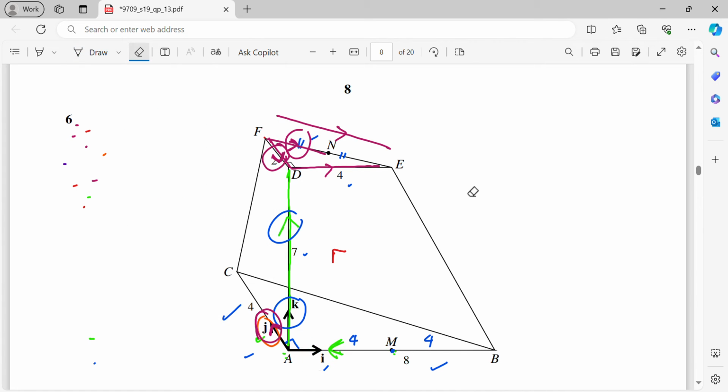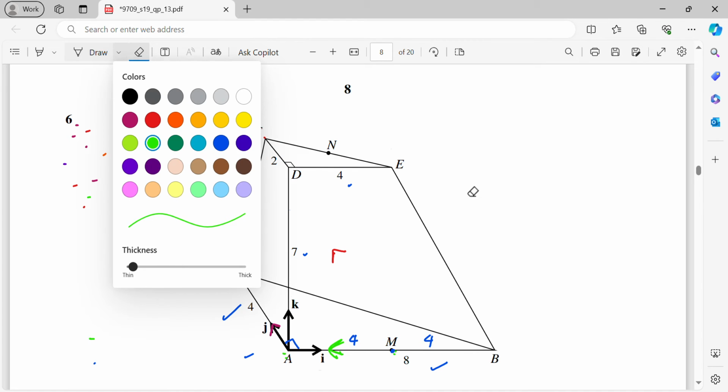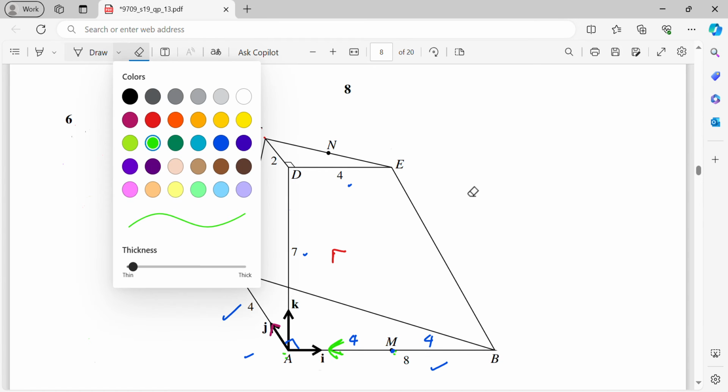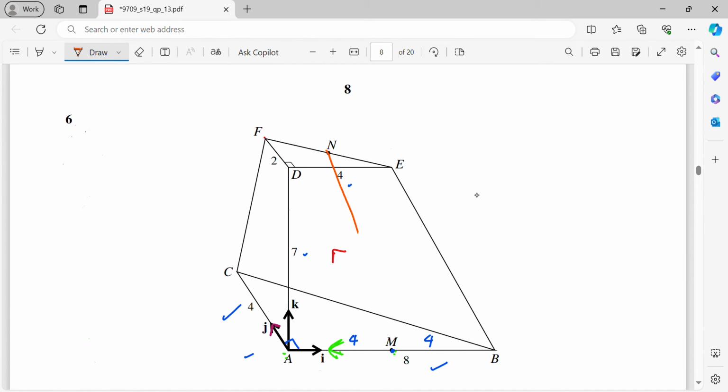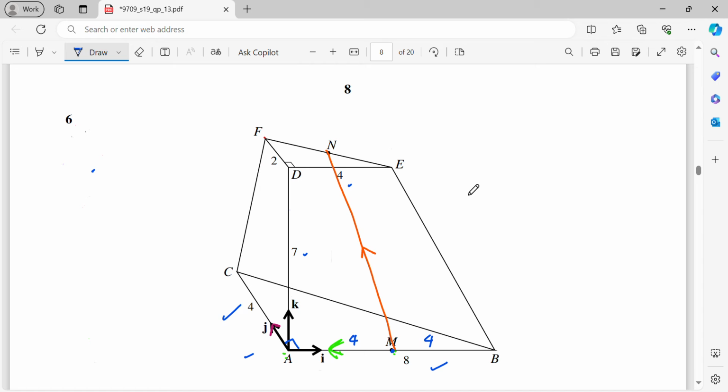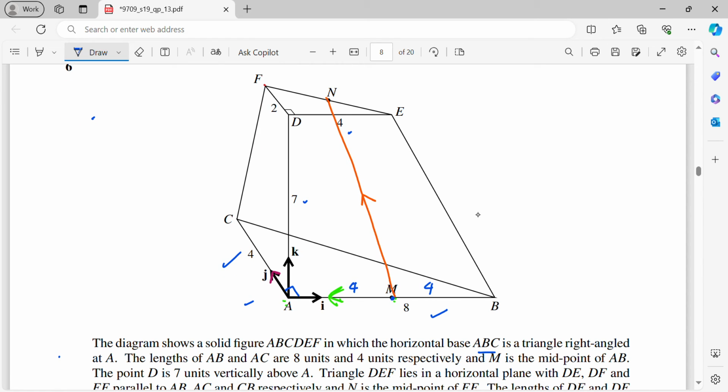So I will erase all this. So now MN, just join these 2 points. Now, to get this vector, I will say it is same as MF, because this is how we have found MF just now.